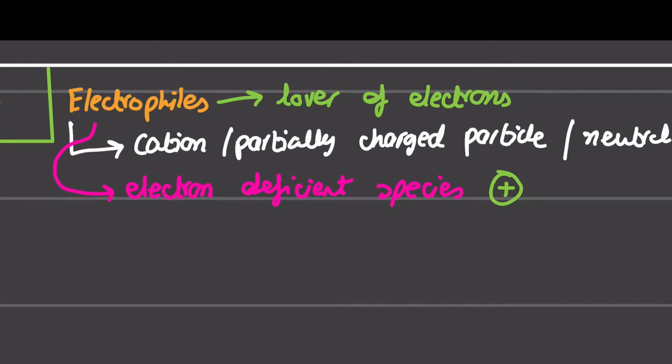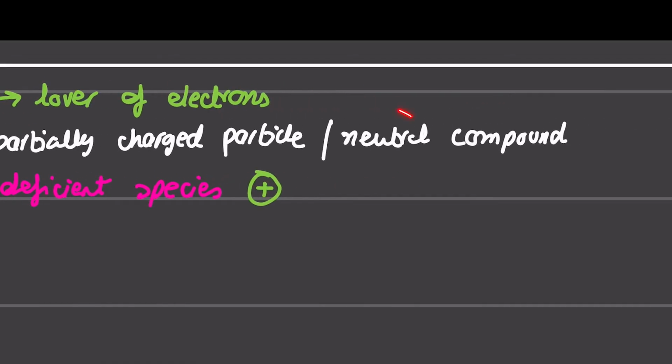This could be because it's a cation, so it's completely positive. It could be partially positively charged, or it could be a neutral compound which is, for a fraction of a second, positive, which makes it an electrophile, and it can essentially undergo electrophilic addition. It's really interesting stuff, but we're going to go in a chronological manner and cover everything in a lot of detail.